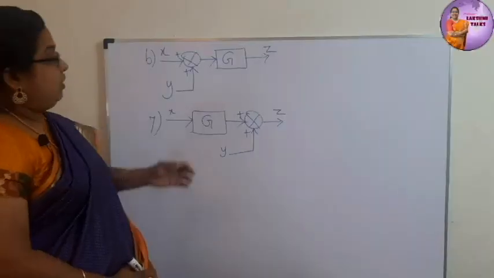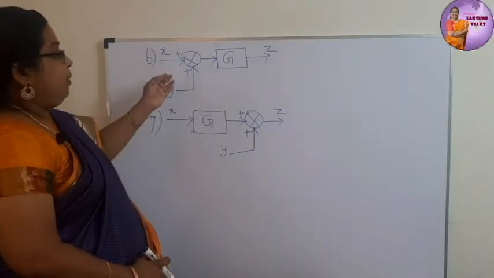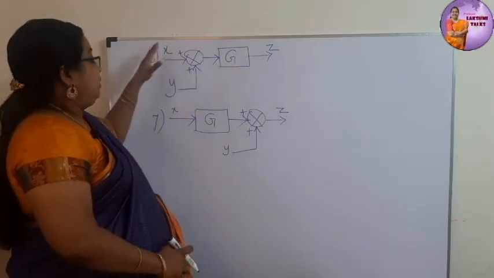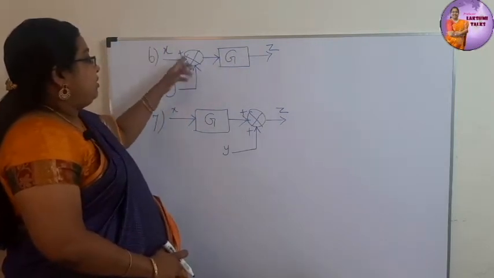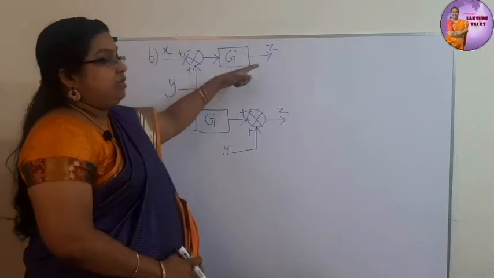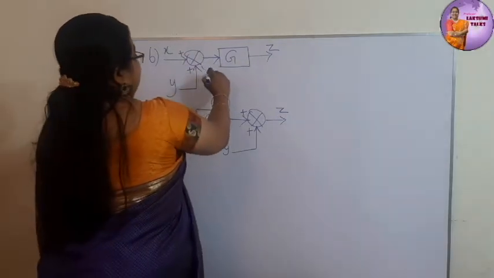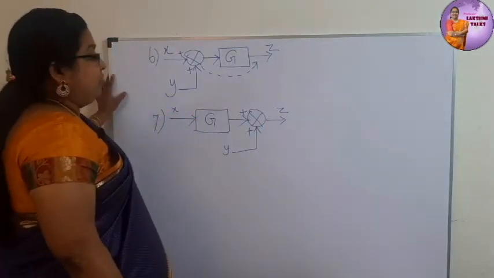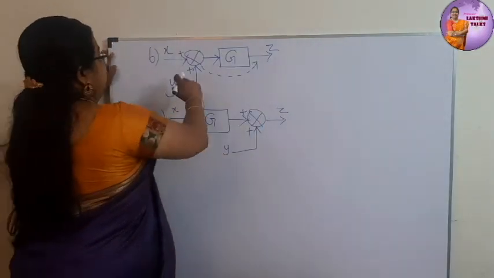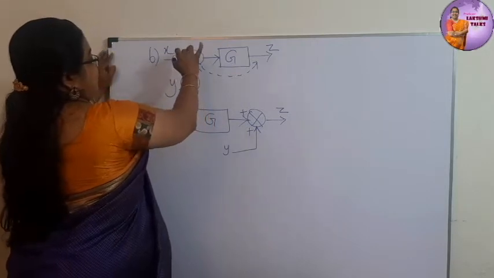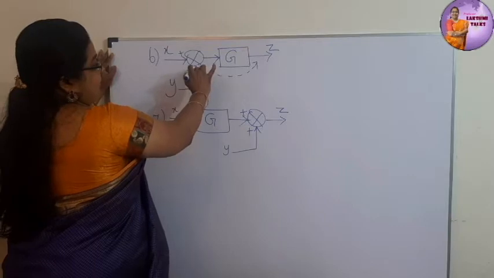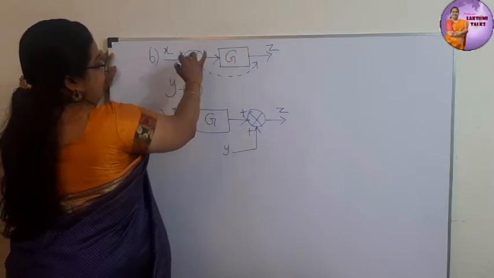Now we'll see moving a summing point ahead of the block. You have a summer, and this summer has to be shifted that side. Now just look into this. X is a signal and Y is a signal. Both the signals are added algebraically, both are plus.